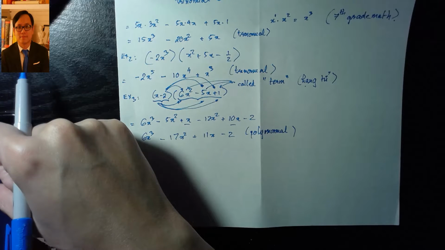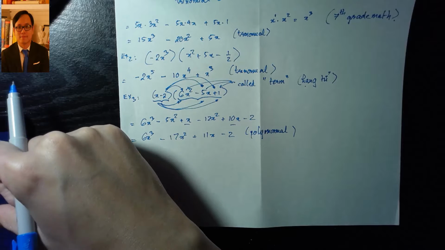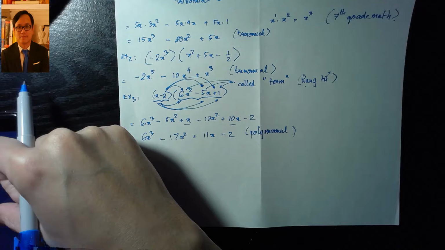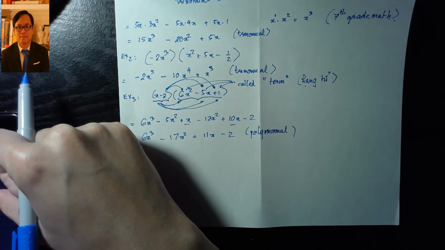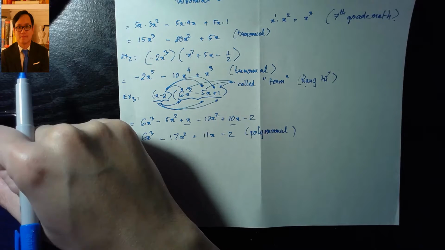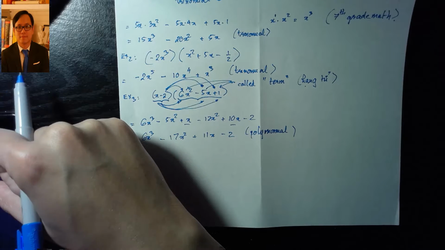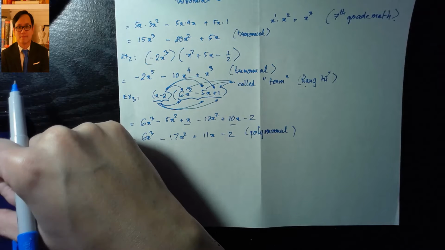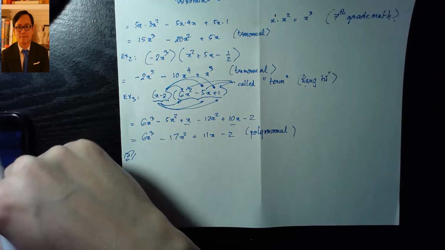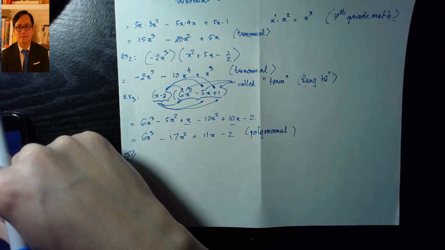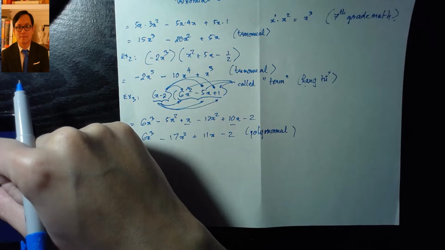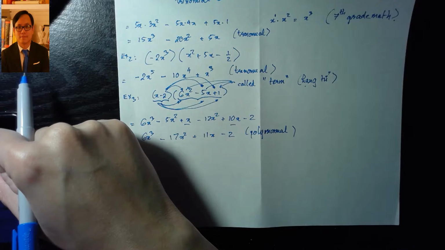Because in the textbook I don't see that. Because I try to follow the textbook so it's easier for you to study. So it looks like we don't have to go through long division. So on the second section, I don't think it's long division.